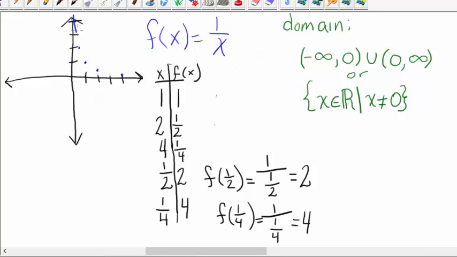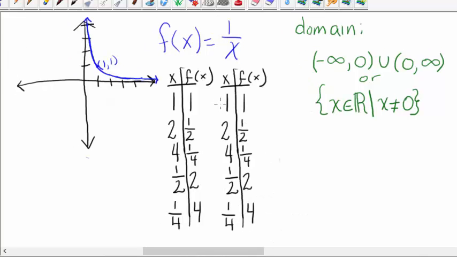So what this looks like is like so. It's getting higher and higher as we get closer and closer to 0. Comes down here, goes through the point (1, 1), and then it starts to flatten out and gets closer and closer to 0 the farther out we go.